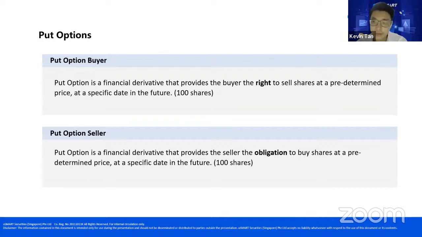On the other hand, from the seller's perspective, a put option is a financial derivative that provides the seller the obligation to buy shares at a predetermined price at a specific date in the future. Similar to the buyer, this put option also represents 100 shares.